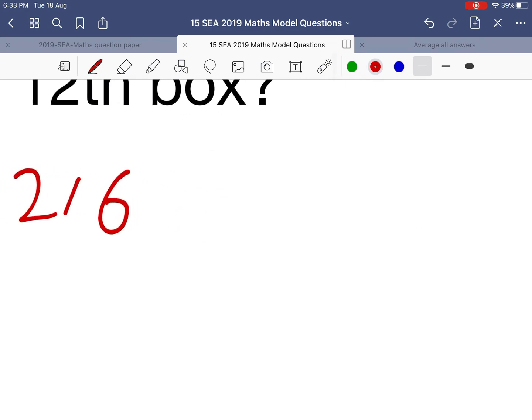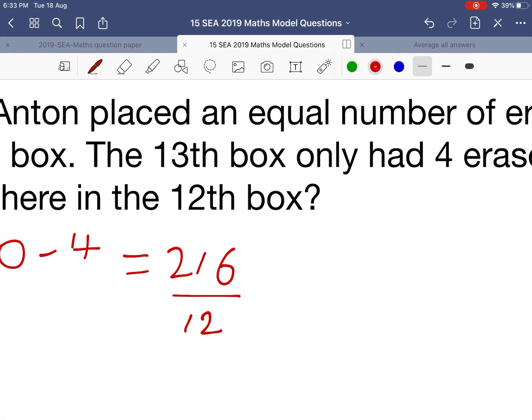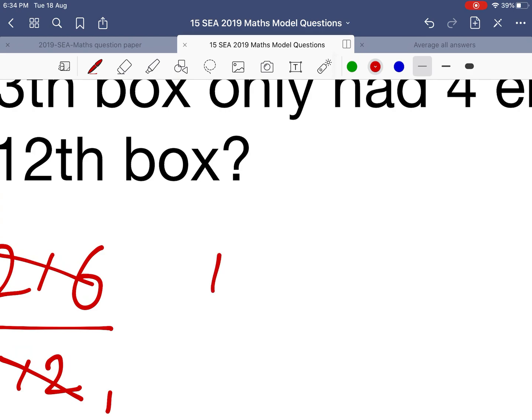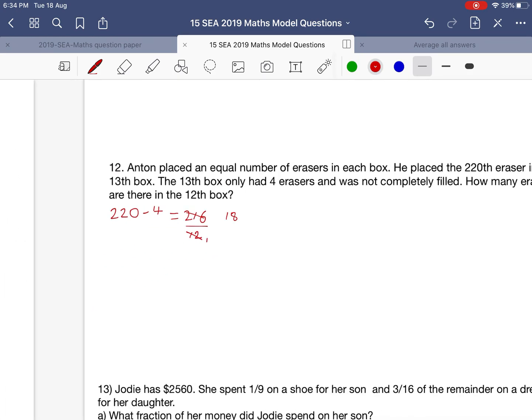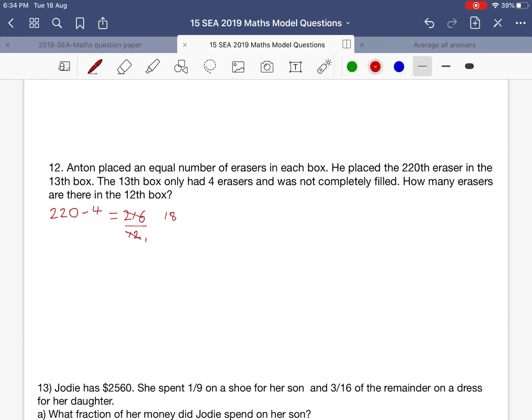So let's divide this by 12 so we can determine how much is in each of the 12 boxes. So 12 into 12 is 1, and 12 into 216 is 18. So that's 18 erasers in each of the boxes, or in the 12th box.